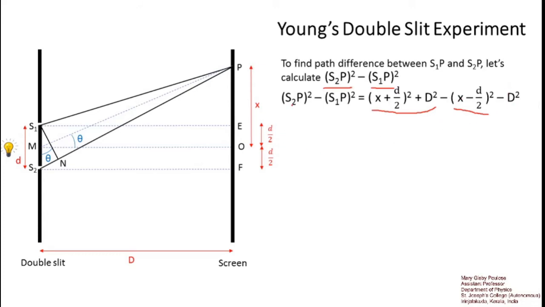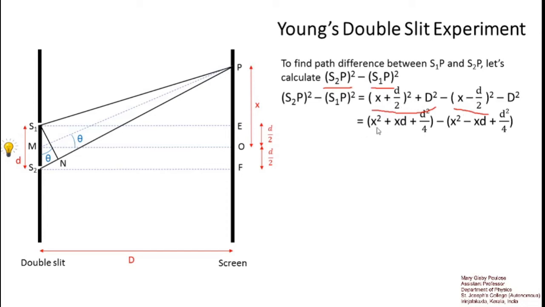Now substituting these values in this equation, I can write S2P square minus S1P square as x plus d by 2 whole square plus D square minus S1P square, that is x minus d by 2 square plus D square. Here it was plus, so taking the minus term we get minus D square. So D square cancels out. The next line, we can expand the x plus d by 2 square and x minus d by 2 square.